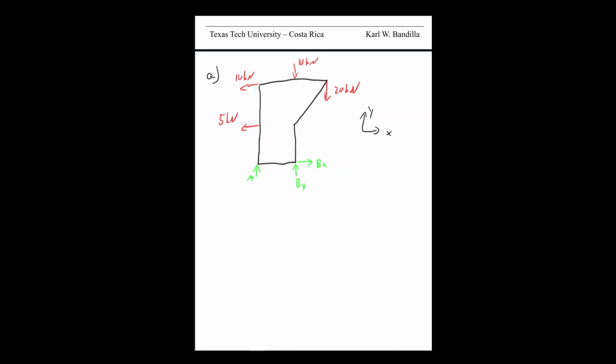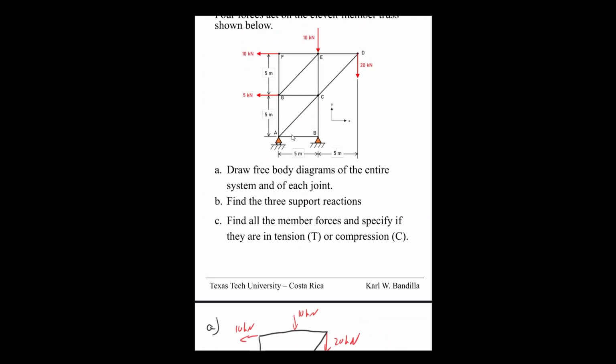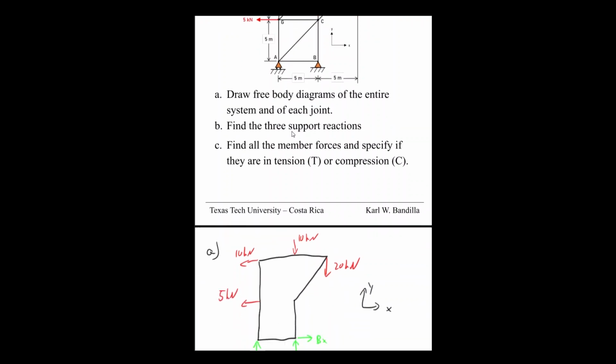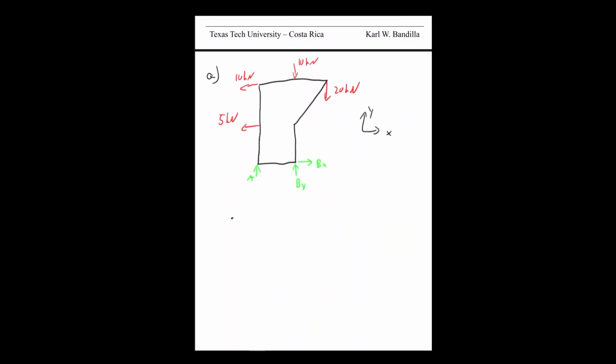All right, then let's go through and do all of our little free body diagrams. If we start at A, we have the support reaction, and we have AB, AC, and AG. That support reaction has to point in the same direction as it does in our overall free body diagram.